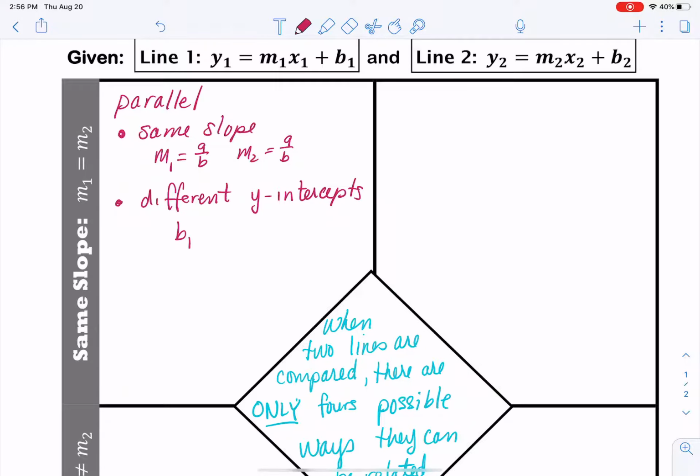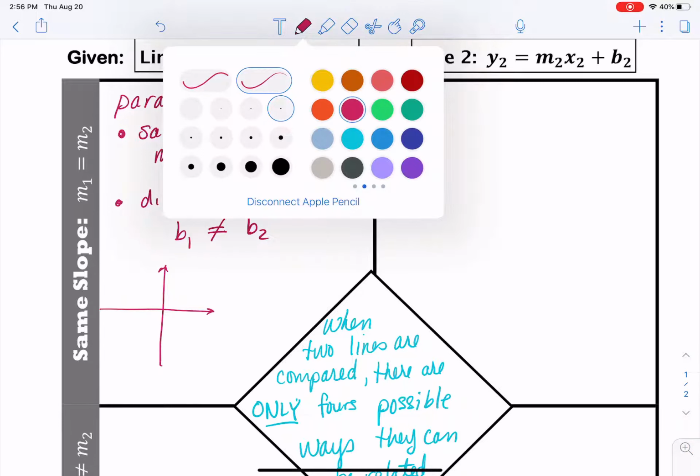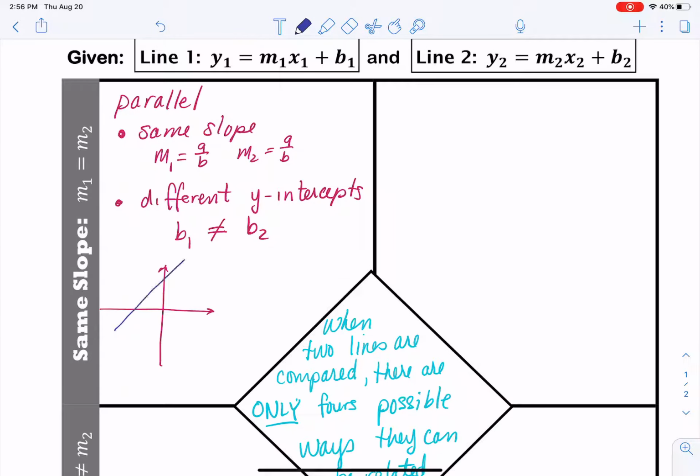That means that b1 does not equal b2. So on a graph that looks like this, we would have line 1 and line 2, where this is b1 and this is b2. So same slope, different intercepts.